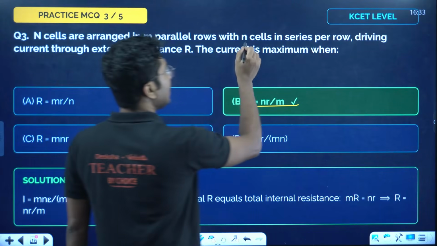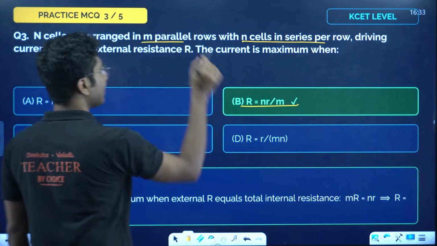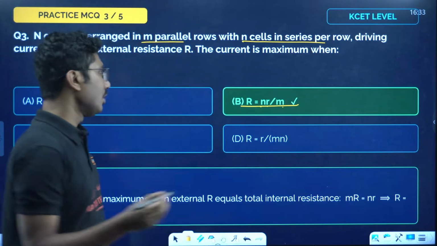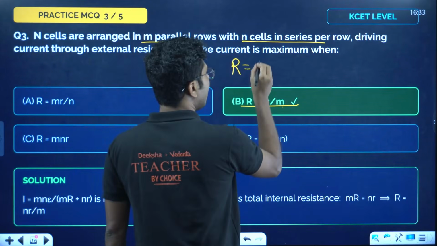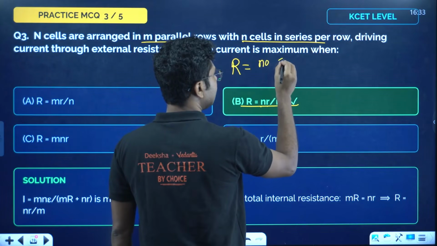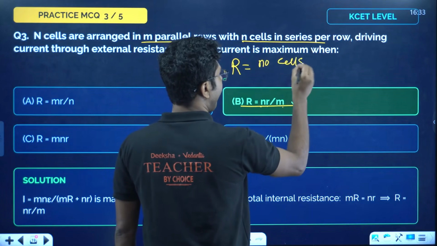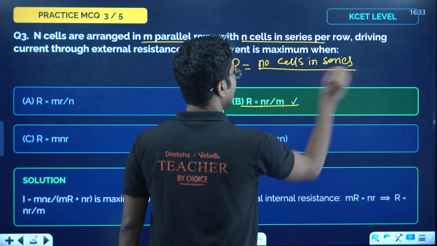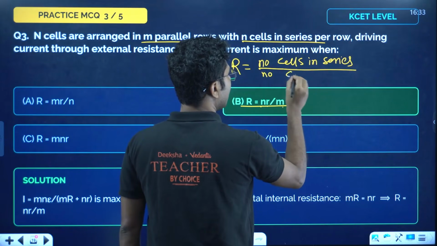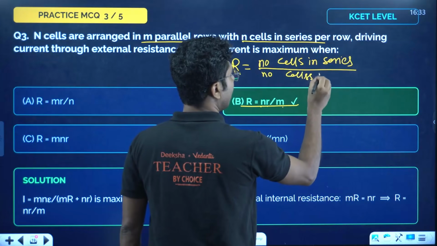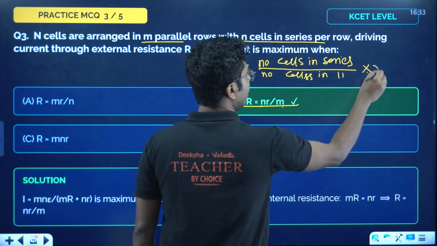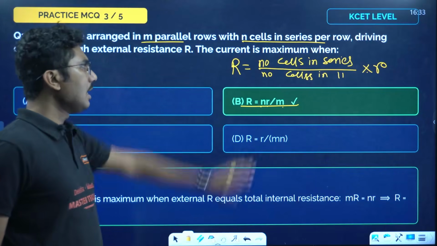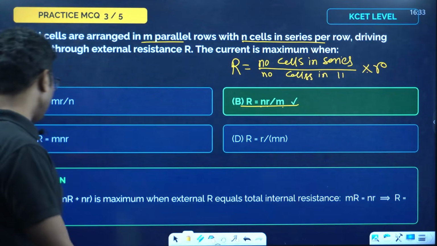So R is equal to number of cells in series by number of cells in parallel into internal resistance. If equal cells are connected in series and parallel, this is the condition for maximum current.